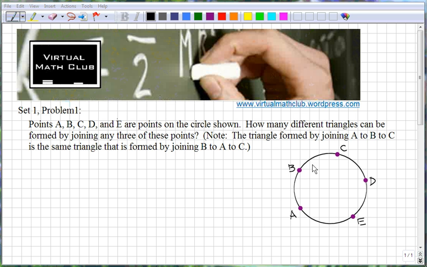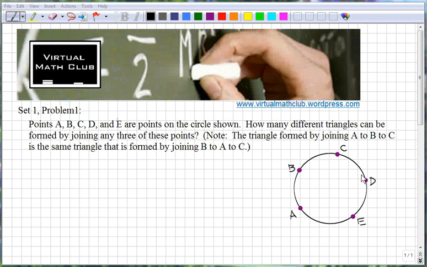Once you have all the triangles that involve a vertex at B, then you can move to point C and find how many additional ones you can find, and so on. So just work very systematically and then count up how many you can find. So that's one way to do it.